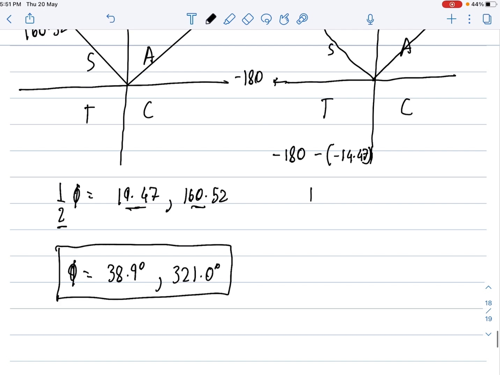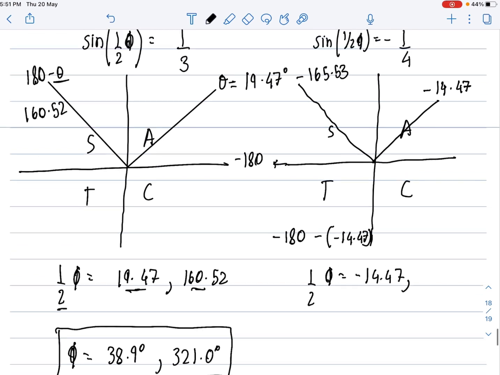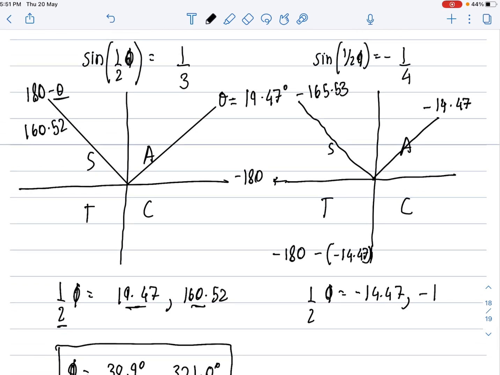So I can say my half phi is basically equal to negative 14.47, comma, minus 165.53.